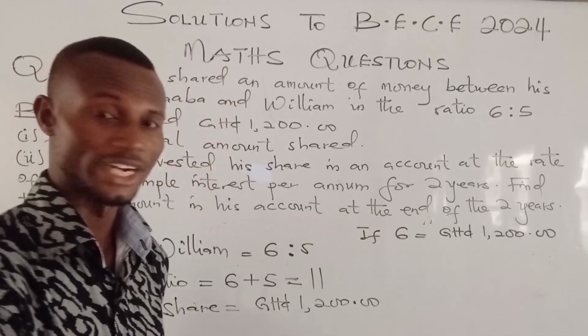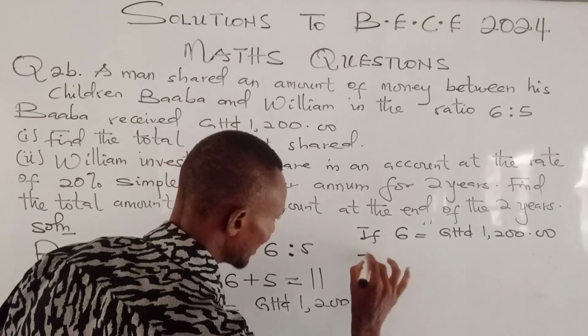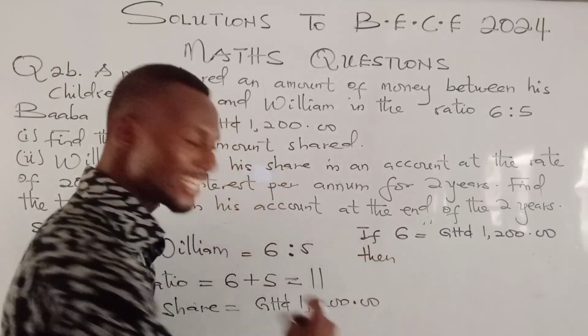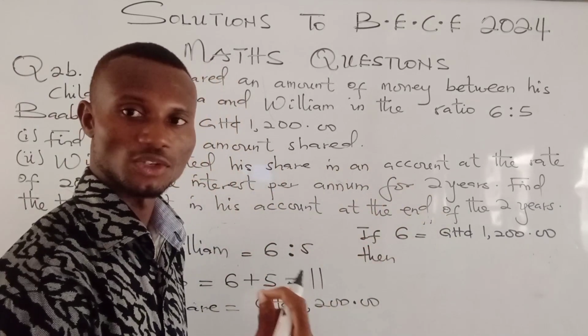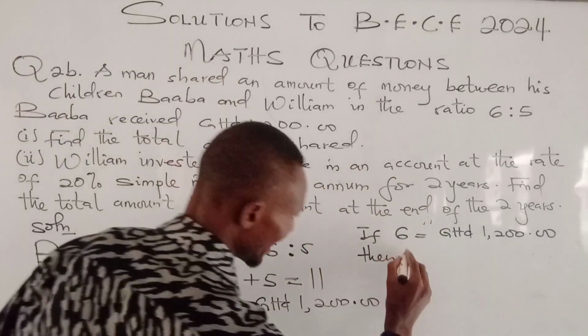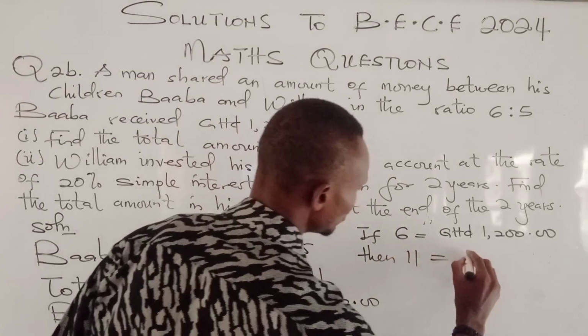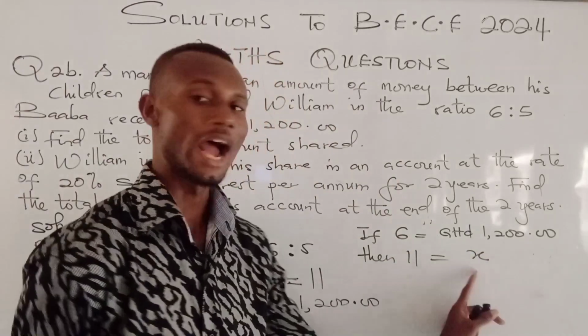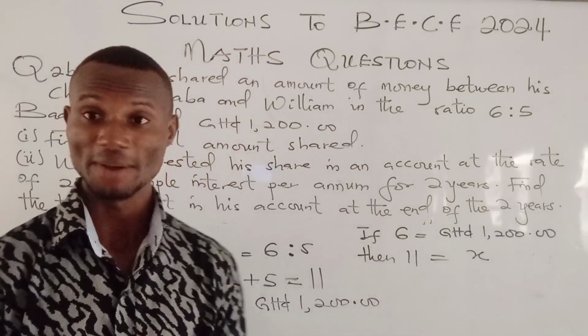So then the total money that you are looking for, the value that represents it is 11.